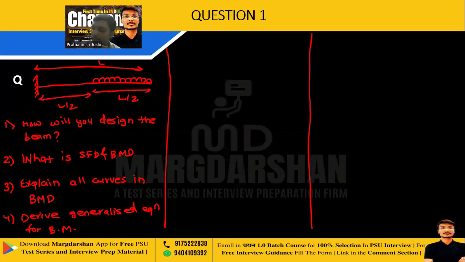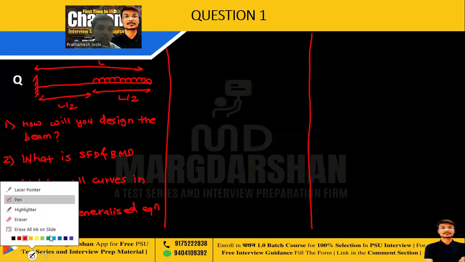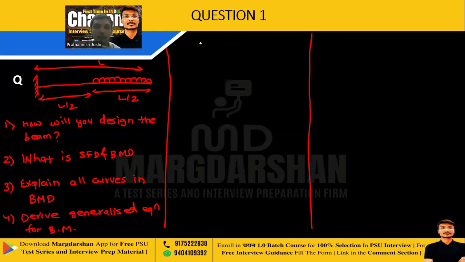Then they asked for the SFD and BMD that we have to draw over here. So I will change my pen color. Okay, now see. First I will draw the SFD. Now for SFD, let's say this is point A, this is B and this is C. Now RA will be equal to W into L by 2.